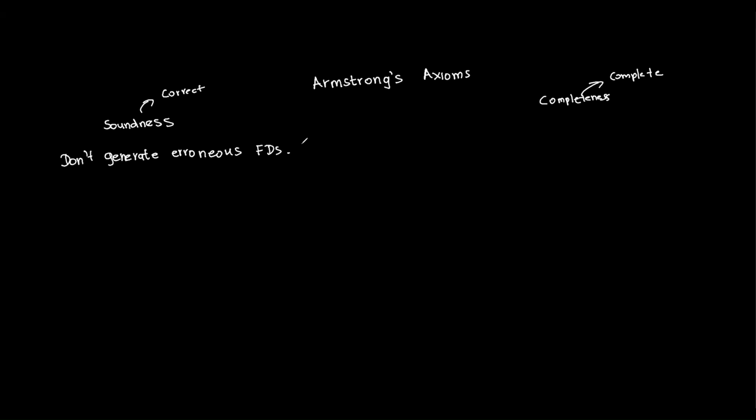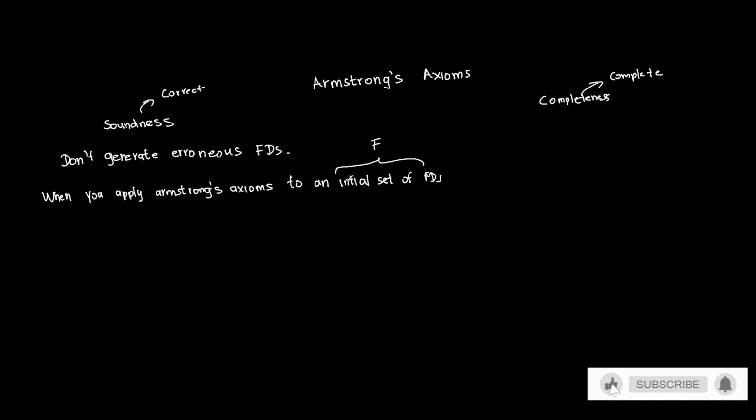Armstrong's axioms are direct, straightforward, and when you use them, you won't be generating any erroneous FDs. So when you apply Armstrong's axioms to an initial set of FDs, which is called capital F or uppercase F, the resulting set F plus that are logically implied by the initial FDs will only contain correct FDs.